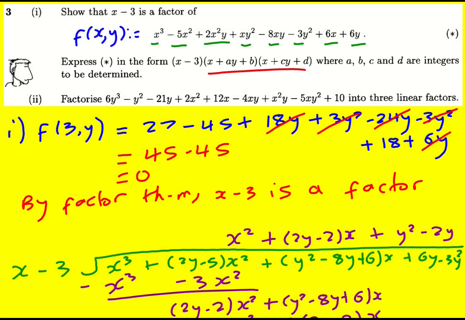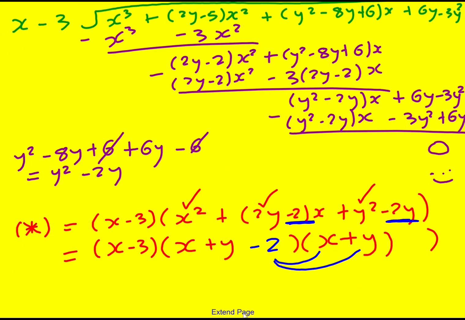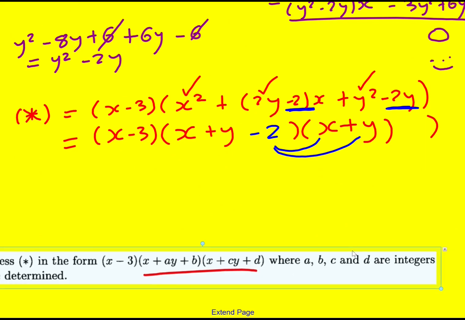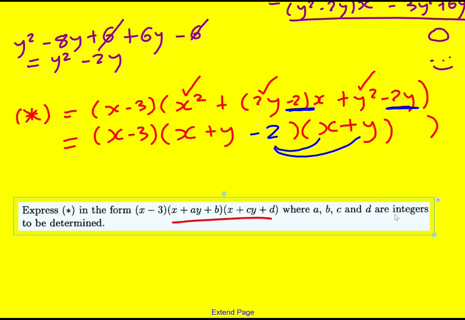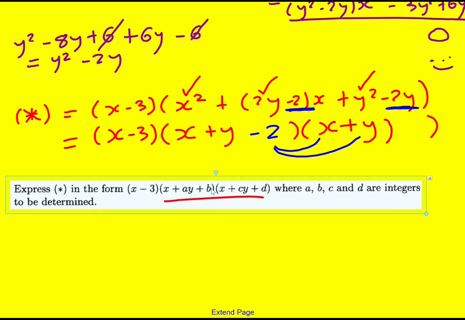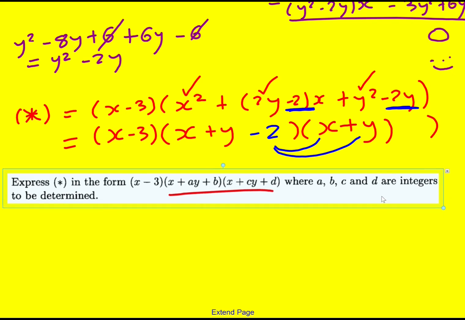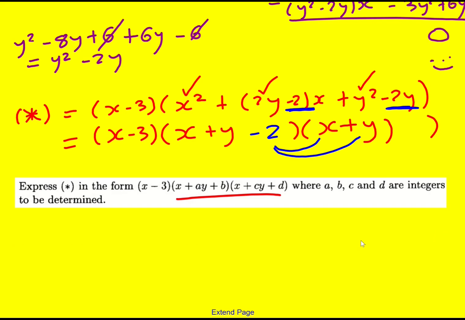Now, when it says to determine A, B, C, and D, I don't think it wants us to state them, because we could choose B to be minus 2 and D to be 0, or B to be 0 and D to be minus 2. So the main thing is our answer here. That's all that's actually wanted.